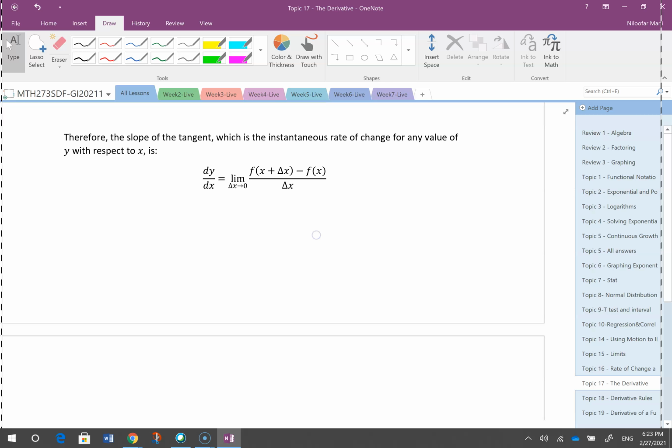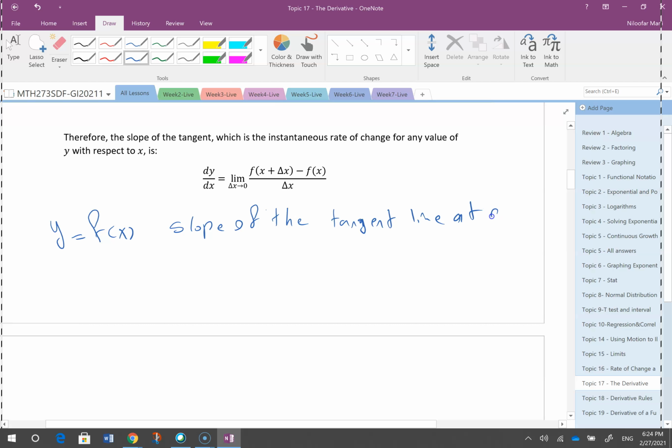If I have y equal f of x, the slope of the tangent line at a is the limit of f of a plus h minus f of a, divided by h, as h goes to 0.